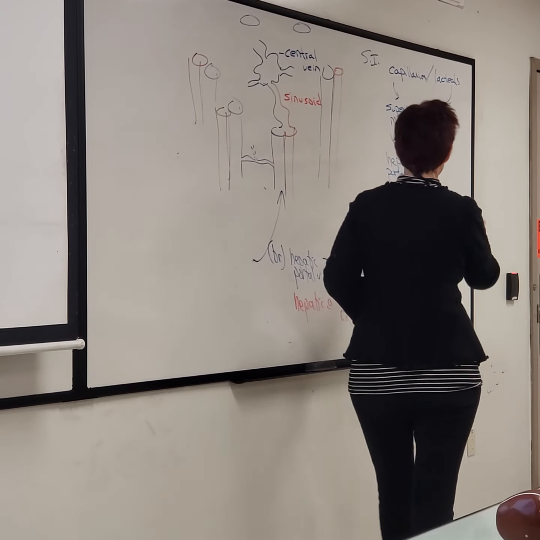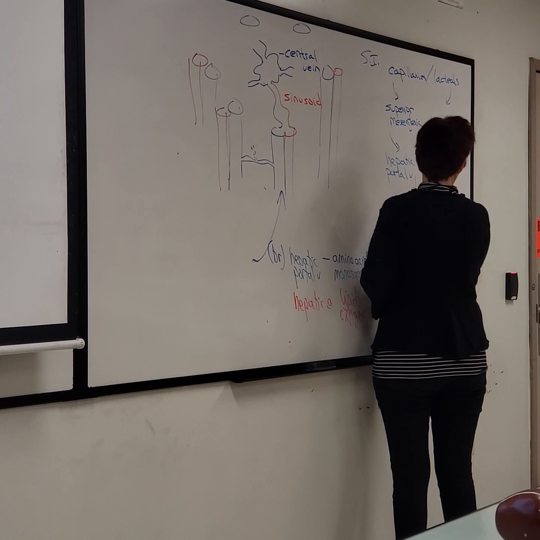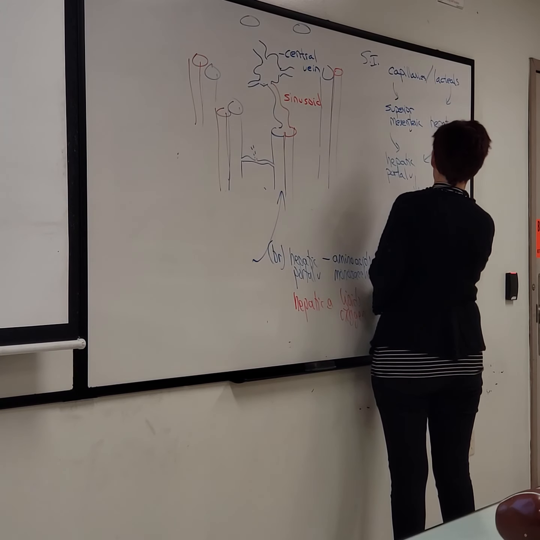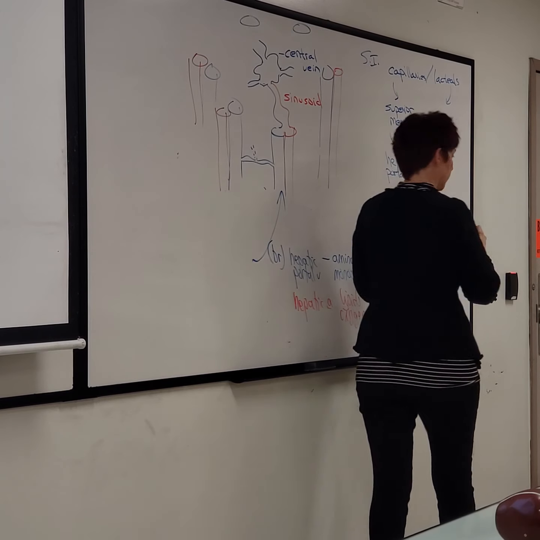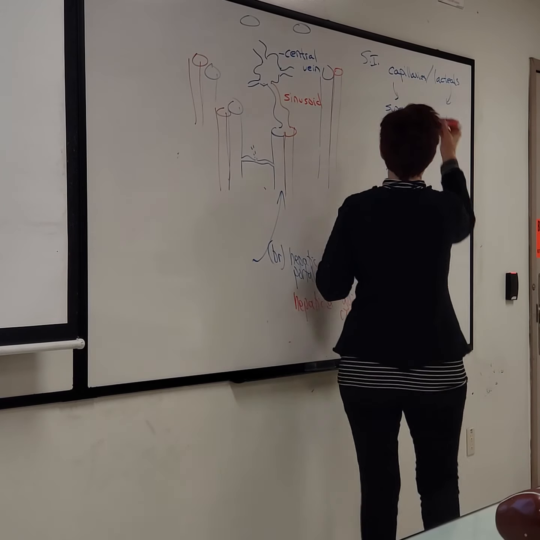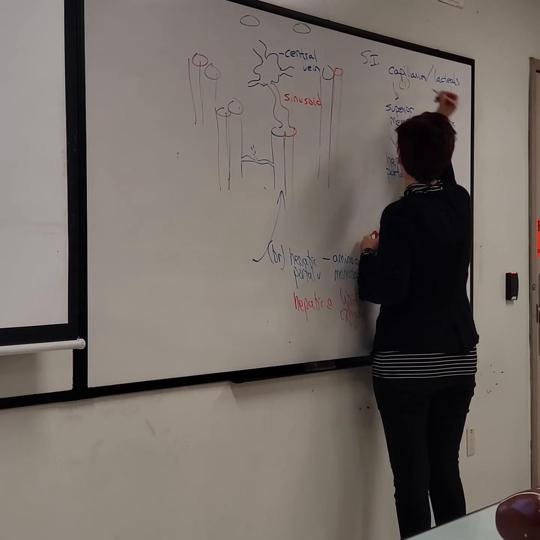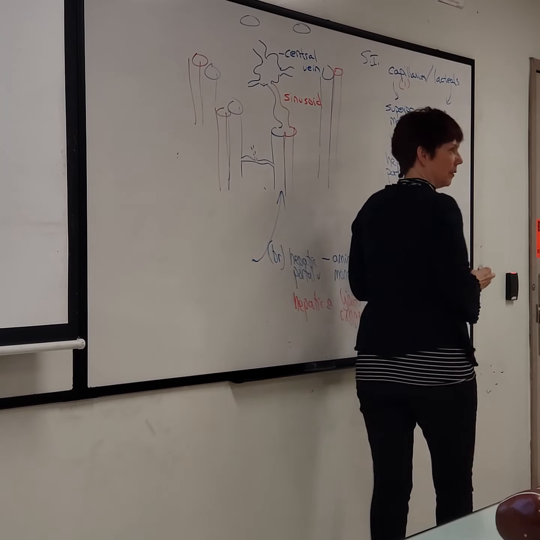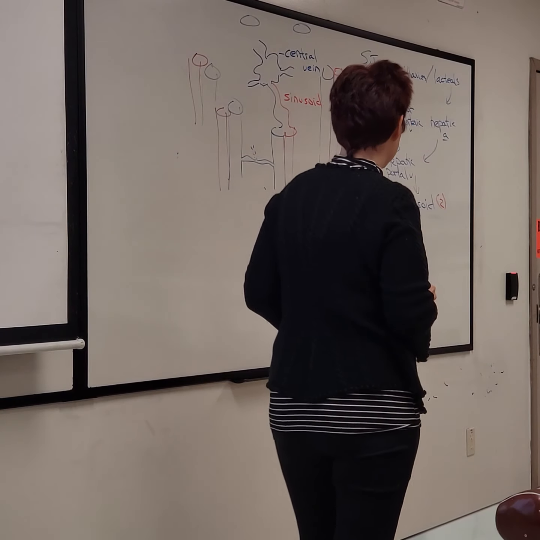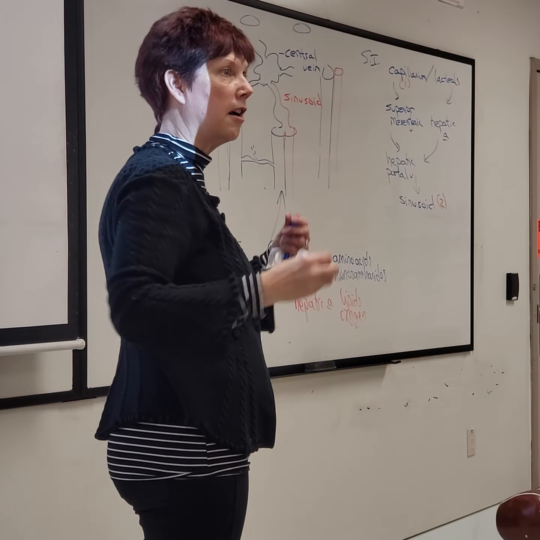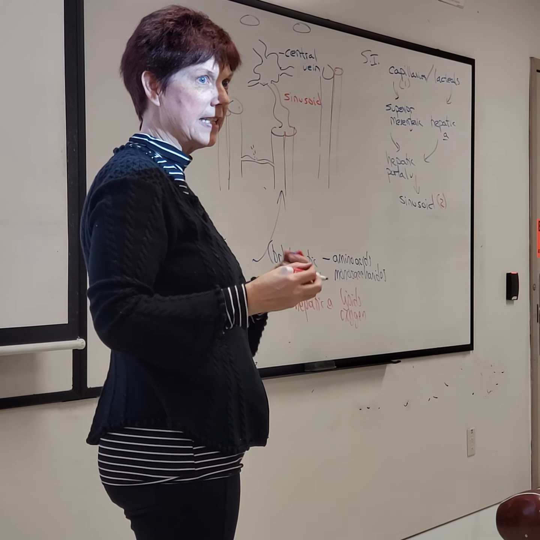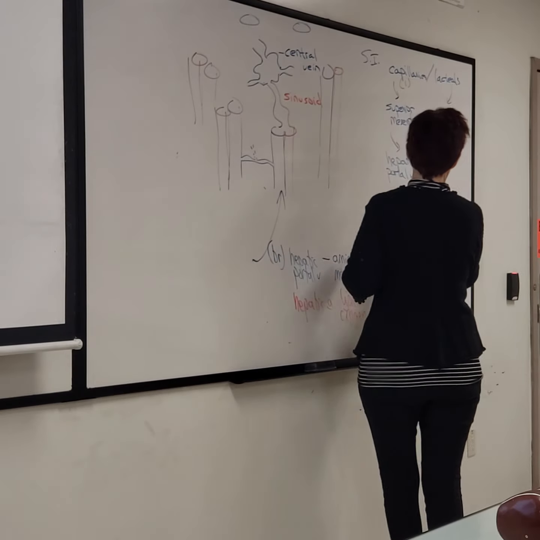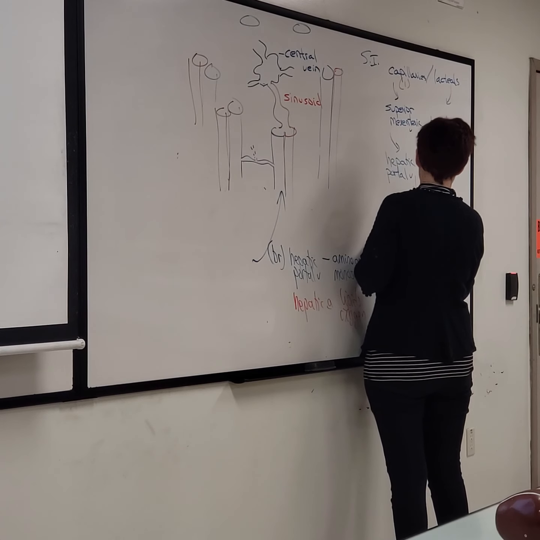At this point, the two components flow together as a sinusoid. All right. So this is cap bed 1, and the sinusoid is cap bed 2. This is not an arterial portal system, it's another venous portal system like we had in the brain. So the sinusoids then flow together to form the central vein.